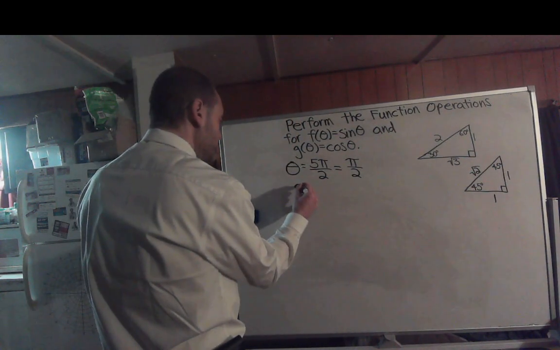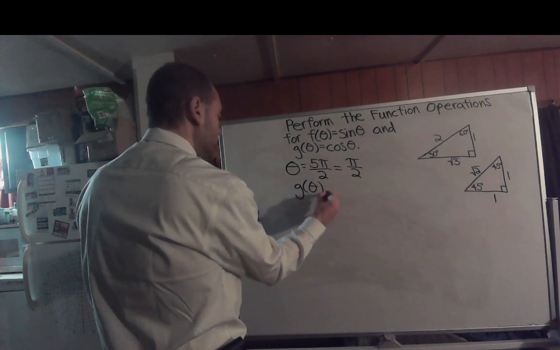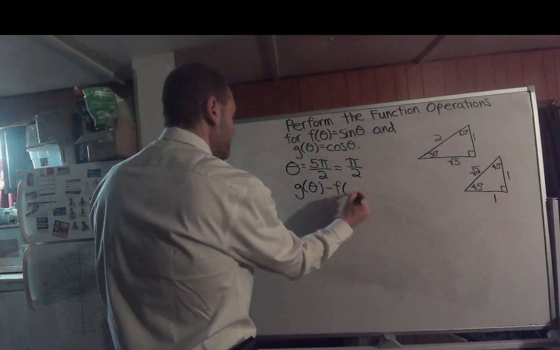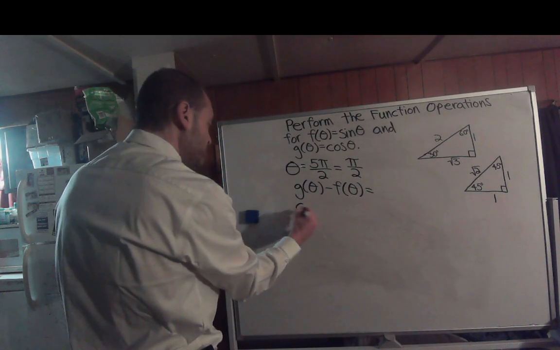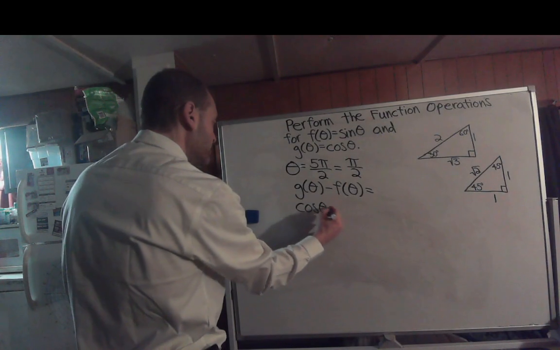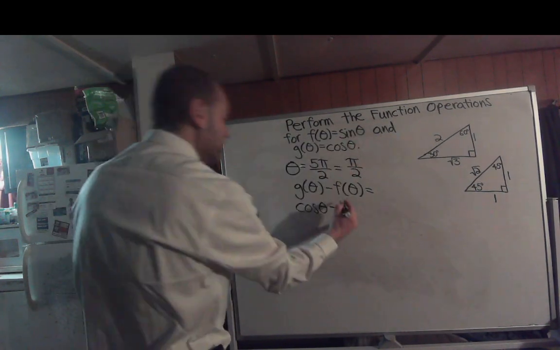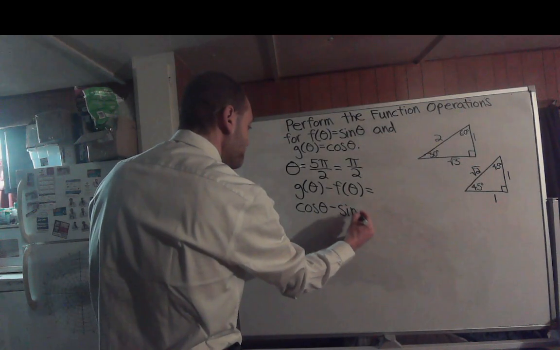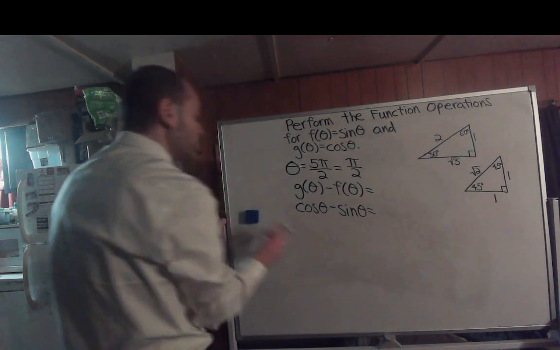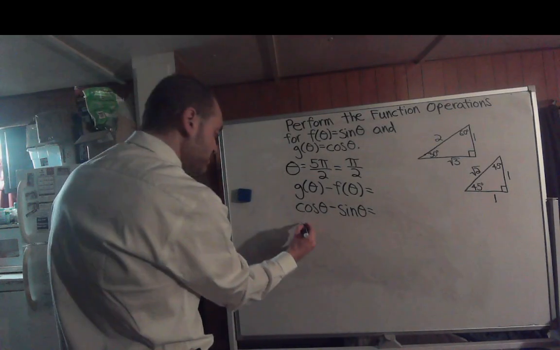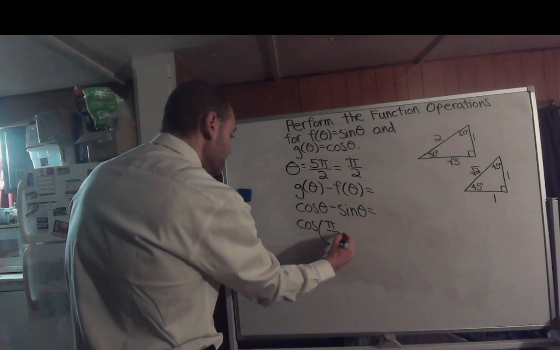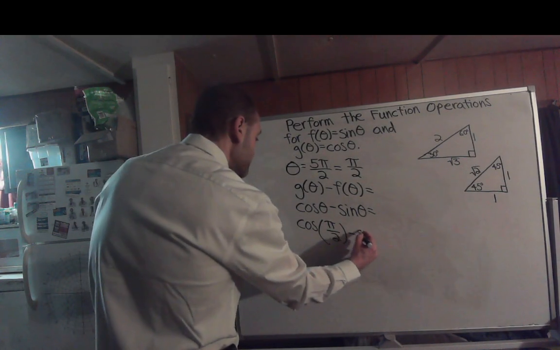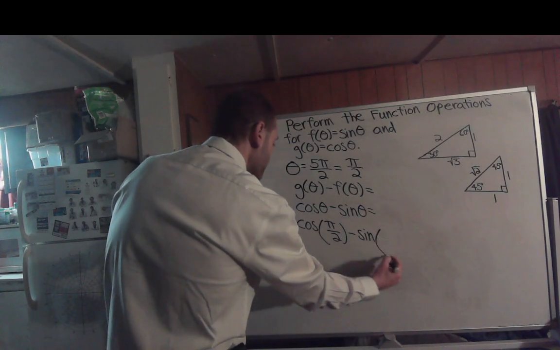Next we're going to do g of theta minus f of theta. Well, g of theta has been established to be the cosine of theta, minus f of theta, which is sine of theta. So, in this case, we're taking the cosine of pi over 2 minus the sine of pi over 2.